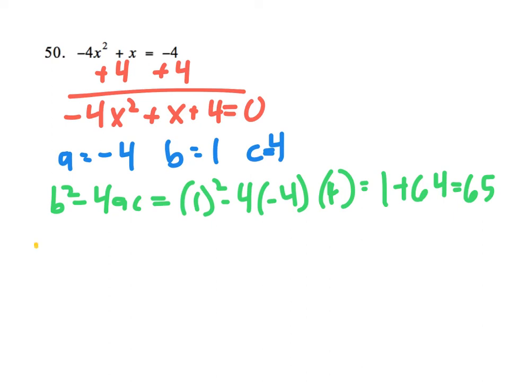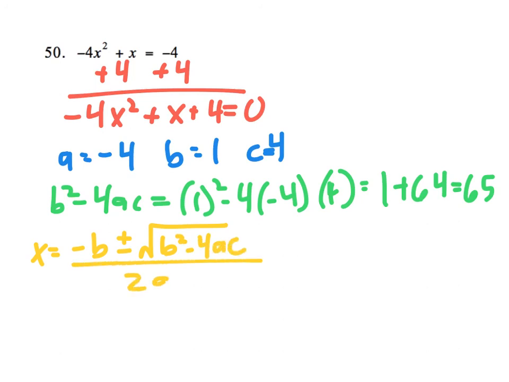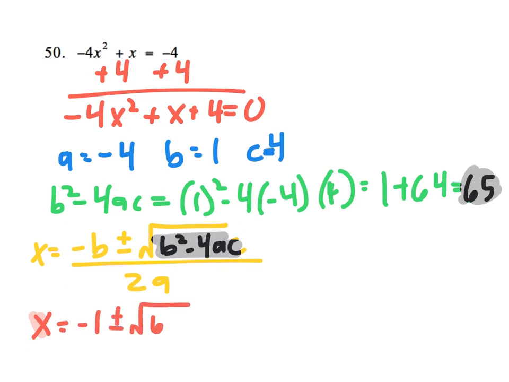All right, so we're going to have x equals -b plus or minus the square root of b squared minus 4ac all over 2a. Again, as my friendly reminder, this number here, 65, is going to go in for these guys here. So really, we're going to have x equals -b, so -1, plus or minus the square root of 65, all over 2 times -4.